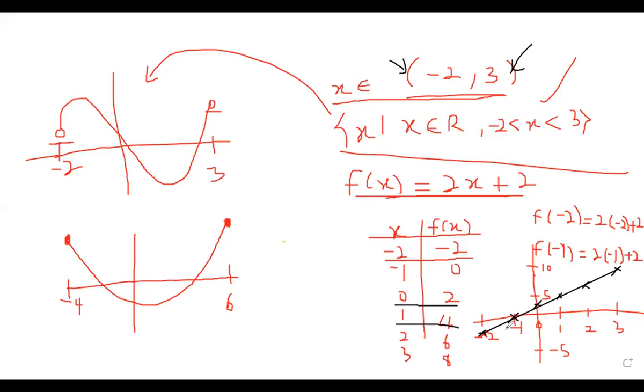So you have to draw an open space here and an open space here to indicate that they are not part of the domain for the graph. Good. Now, having said this, let me take your questions.